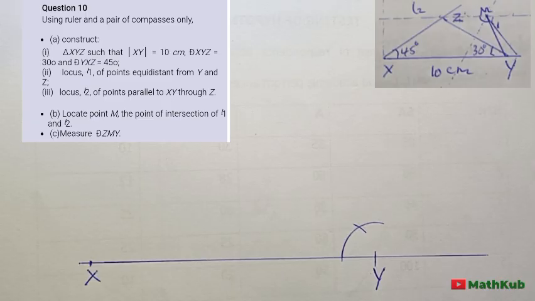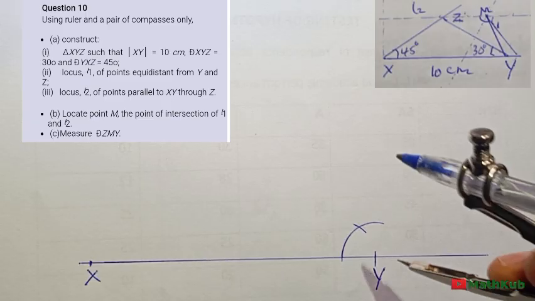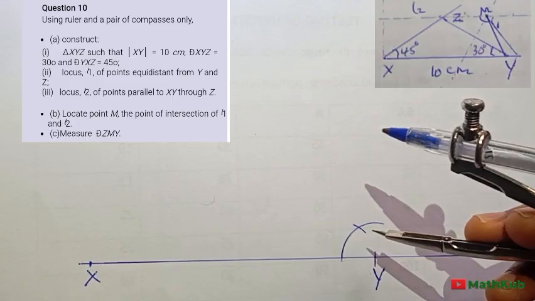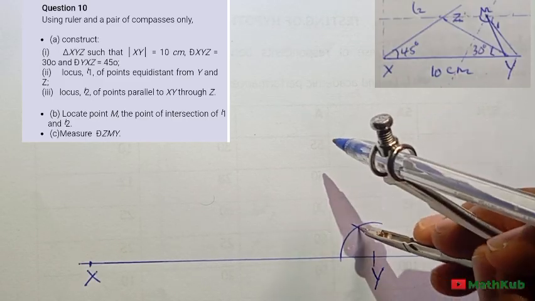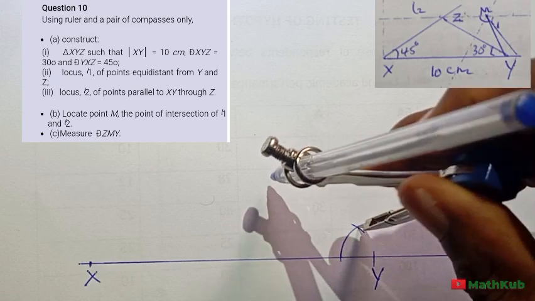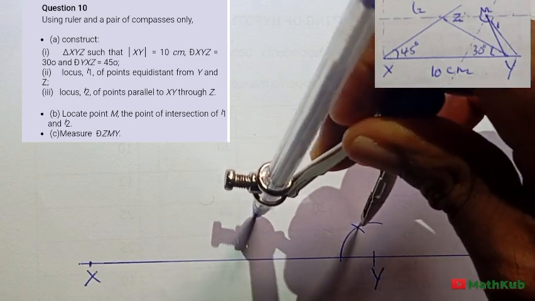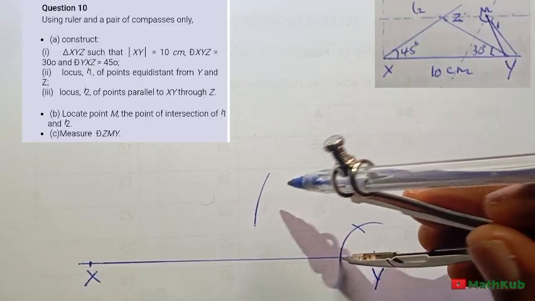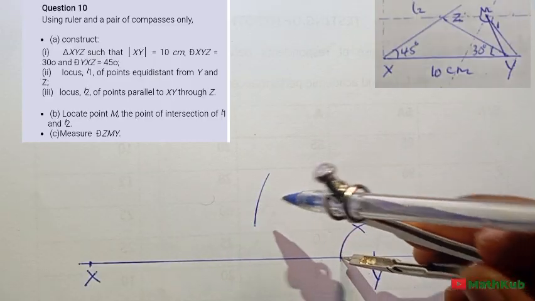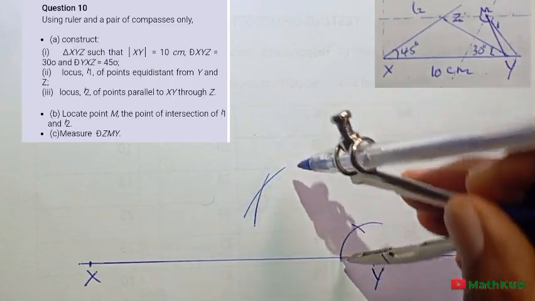After constructing 60 degrees, we have to bisect this 60 degrees. We stand with this center and draw an arc with this side as center. You cut the first arc.